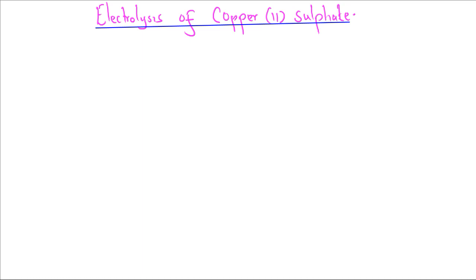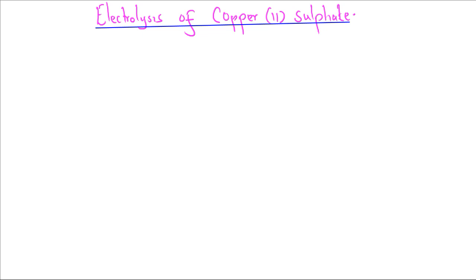Today, let's talk about electrolysis of copper 2 sulphate solution. We want to look at what will happen at the anode again and what happens at the cathode.